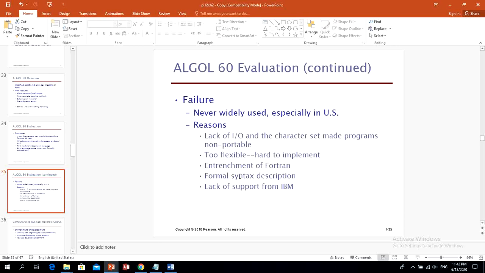Lack of support from IBM means that IBM did not support it financially, so it did not find financial or commercial support.